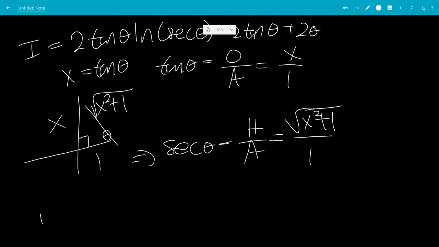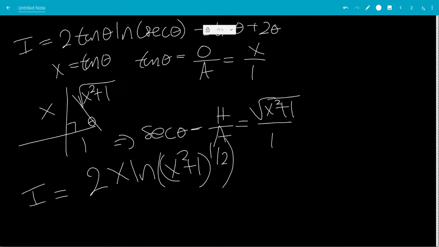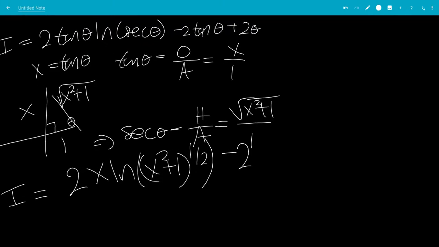So now we have all the terms to write I. I is equal to 2 tangent theta, which is x, ln of secant theta, which is the square root of x squared plus 1. But I'm going to rewrite it as x squared plus 1 to the 1/2. You'll see in a second. Minus 2 tangent theta, which is x, plus 2 theta, which is inverse tangent of x.